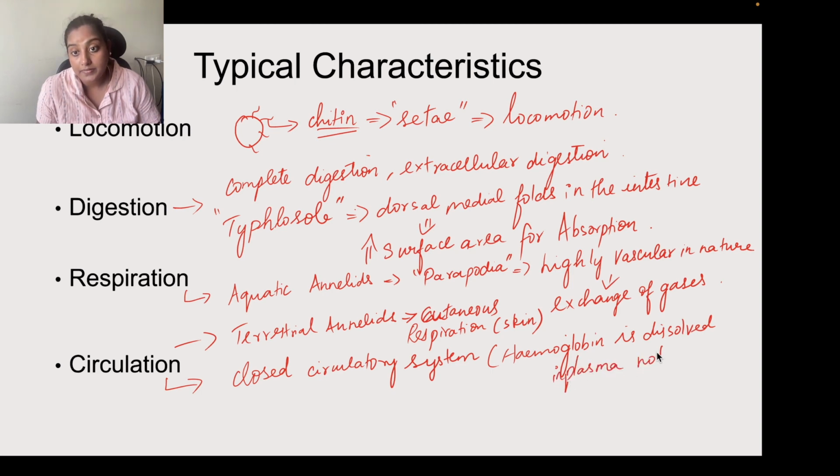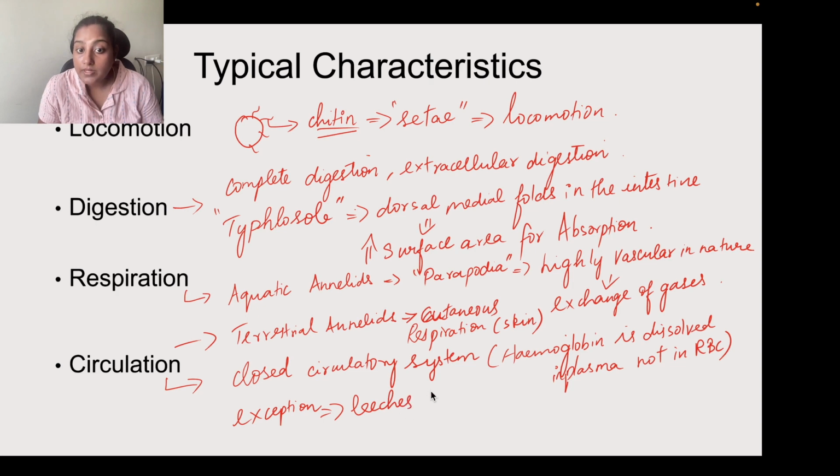Not in RBC, which is unique, right? And there is one exception here, which is also very important, which is leeches.